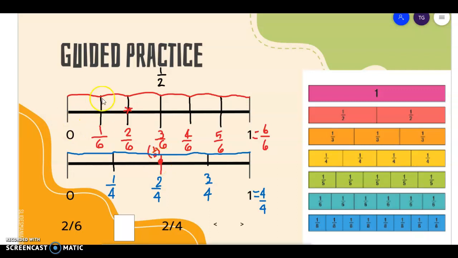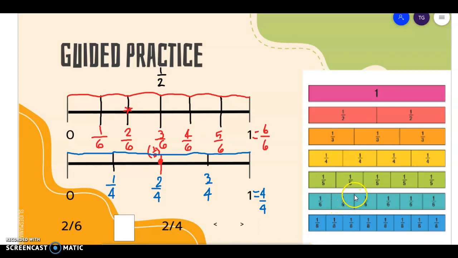Now, if you look at the area for just 1/4, you can see clearly that 1/4 has a greater area than 1/6. And this is showing the same thing on your fraction strip. So instead of 1/6, we're going to look at 2/6.